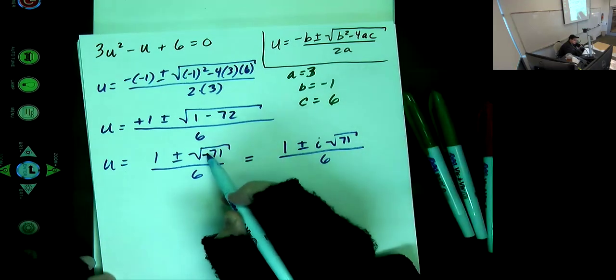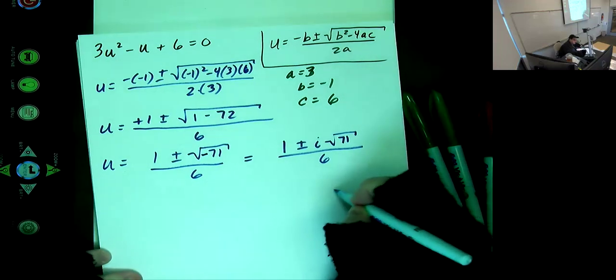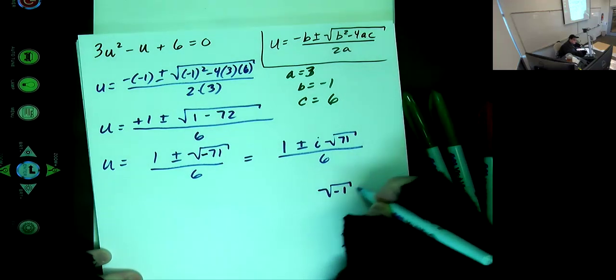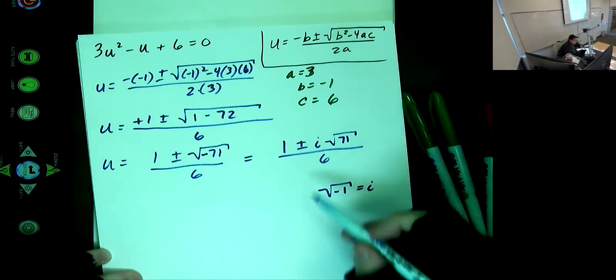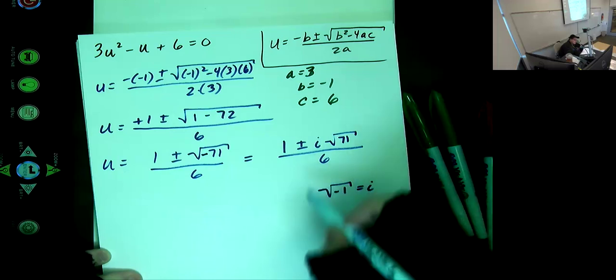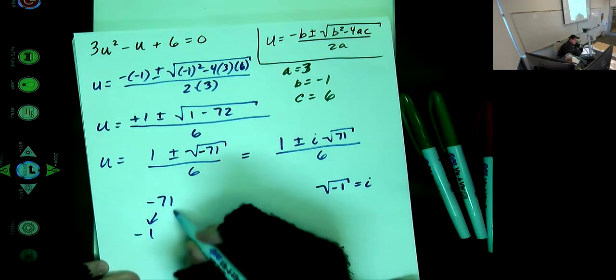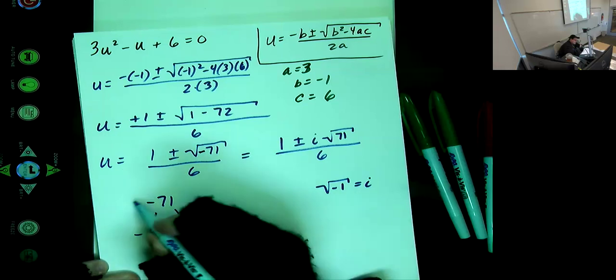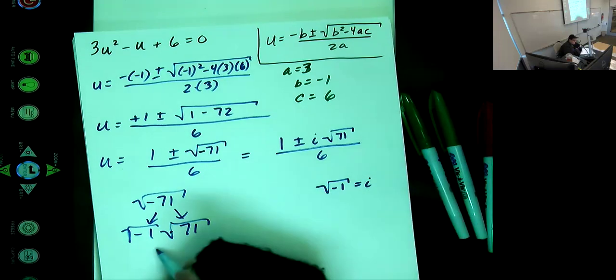And you only have to do that if there's a negative in the square root, because square root of -1 equals i. So it's effectively writing this as -1 and 71, and then this turns into an i.